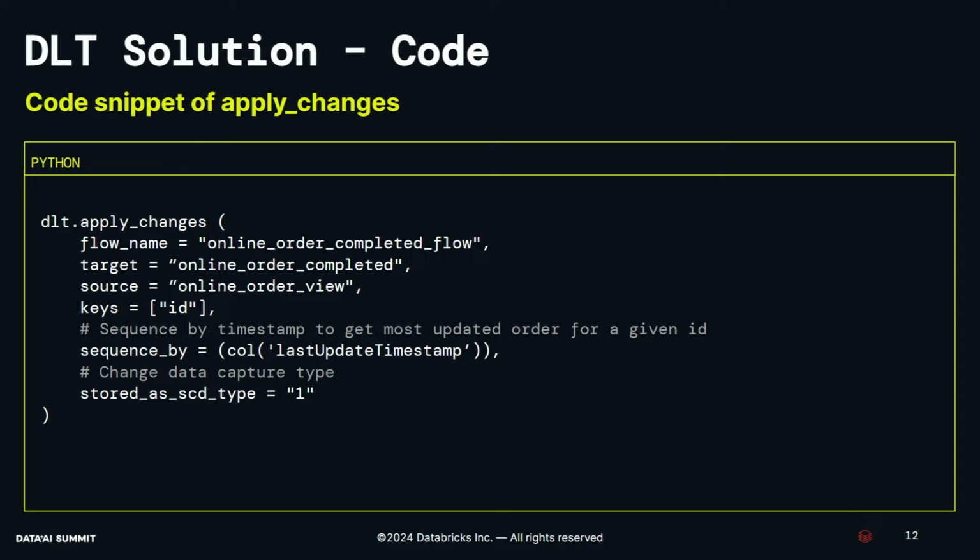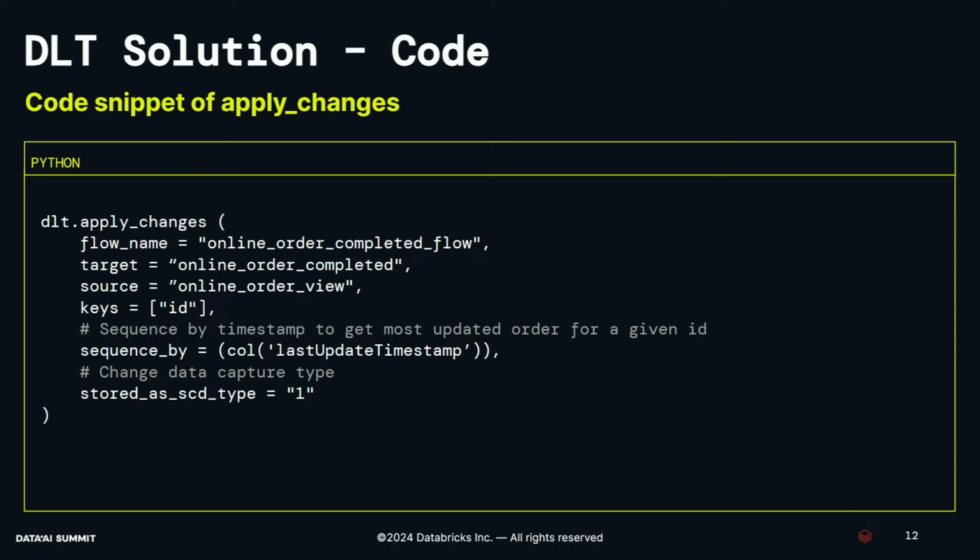You can think about this format as taking a source table, the online order view, and merging it into a target table, which is the online order completed final streaming table. In our case, we set the key to be the order ID because we wanted the unique identifier in our final table to be the order ID. We only wanted one instance of each order ID to appear in the end.